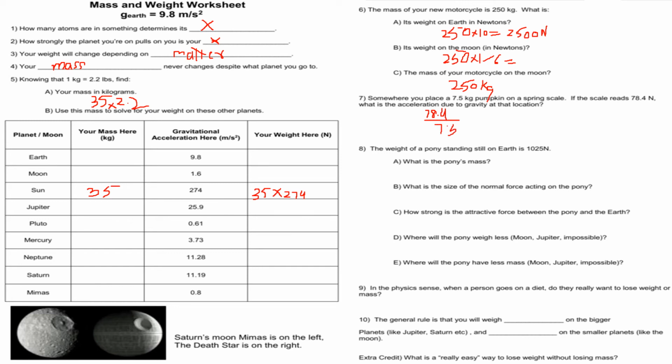So you will get the idea of how much it is, right? The weight of the pony standing still on the earth is given. What is the pony's mass? So you have to divide it by 10, and you will get the pony's mass.